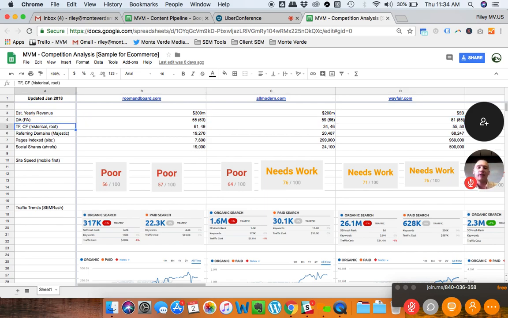Trust flow and citation flow, those are link metrics. These are metrics from Majestic, which is another industry leader. They're arguably the most authoritative source for backlink data, referring domains, backlinks, and then their trust flow and citation flow metrics are indications of the quality of those links.